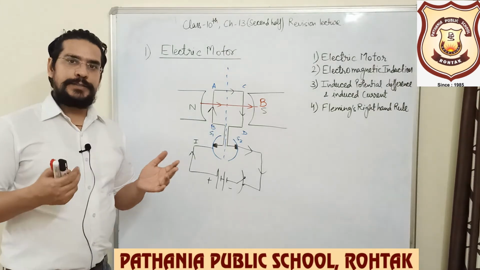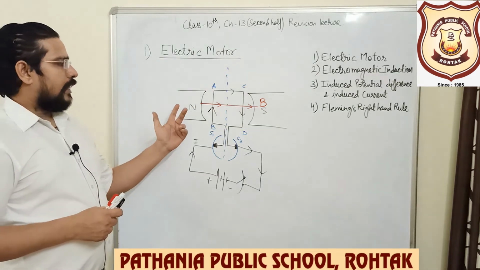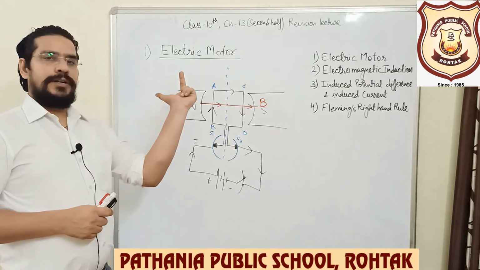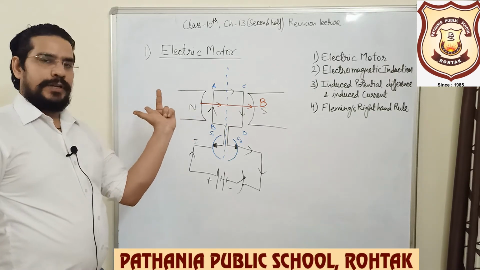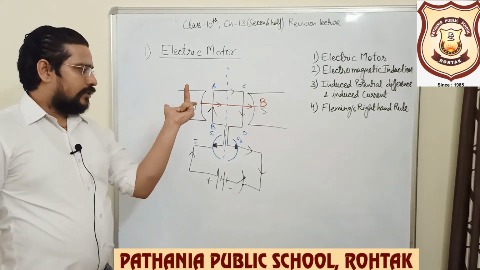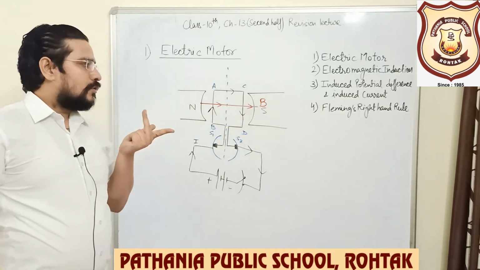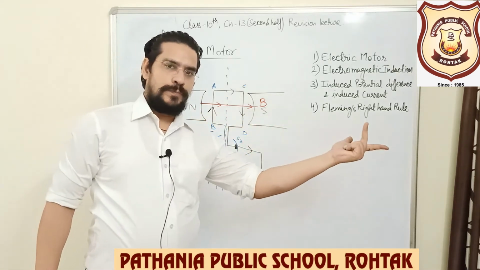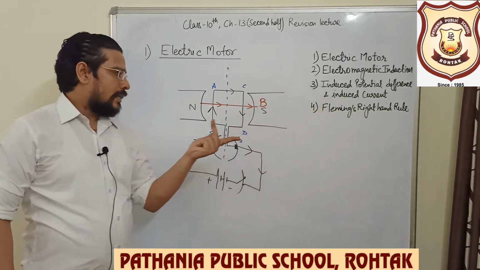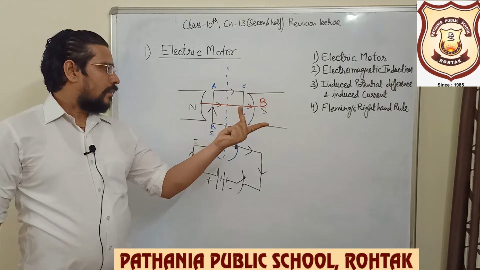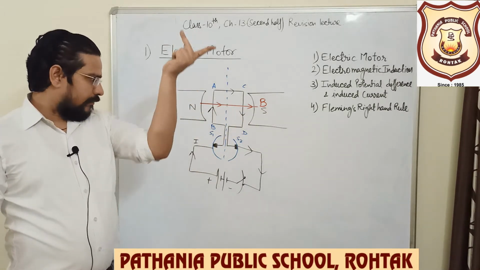Let us apply this Fleming's left hand rule on conductor AB first. The direction of current in AB is upward, so my second finger is in the upward direction. Keeping my second finger upward, I adjust my direction of magnetic field in the direction given. So the magnetic field is north to south pole in the right hand side direction, and current is in B to A, upward direction.